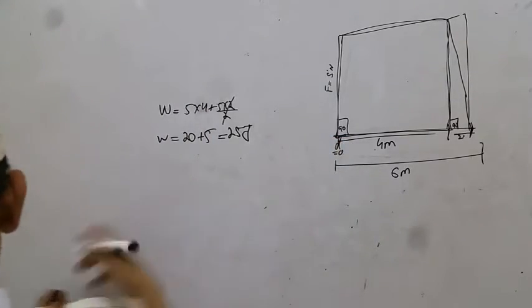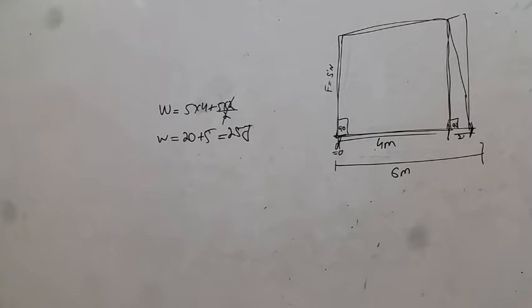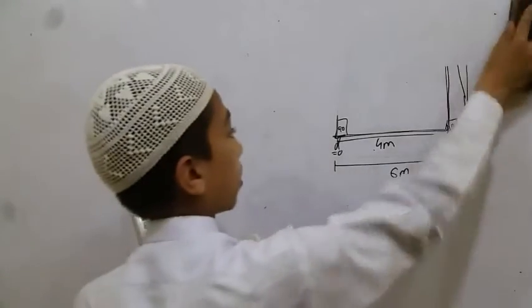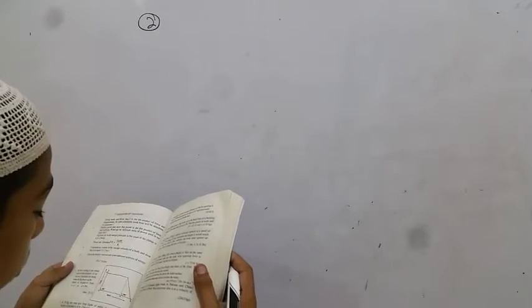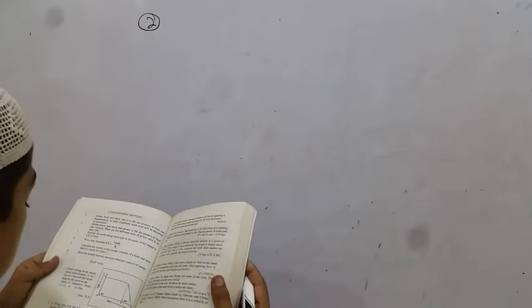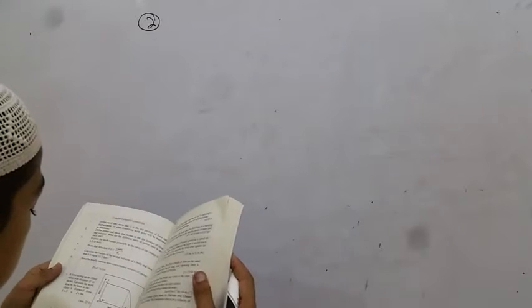Now second numerical problem is a 70 kilogram man runs up a long flight of stairs in 4 seconds. The vertical height of the stairs is 4.5 meters. Calculate his power.